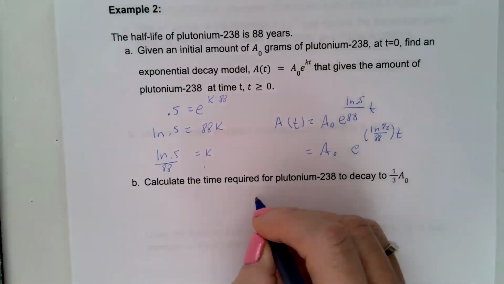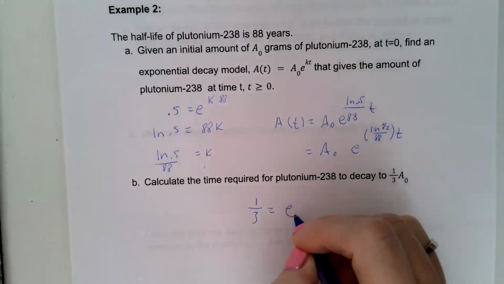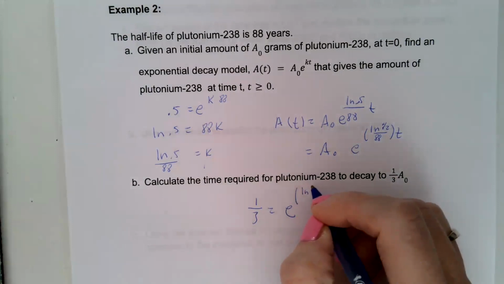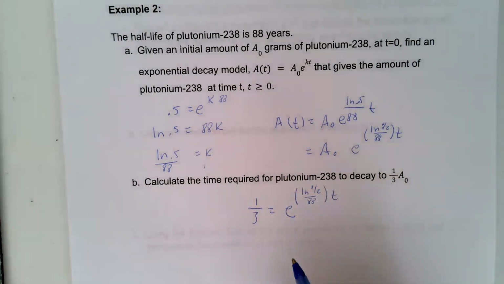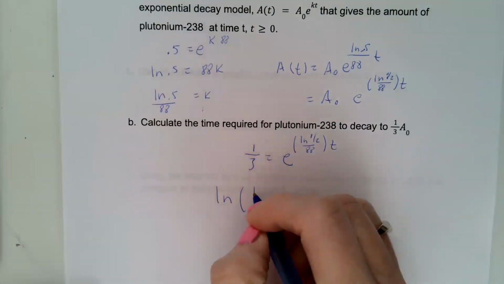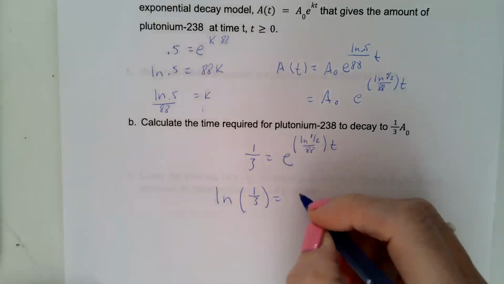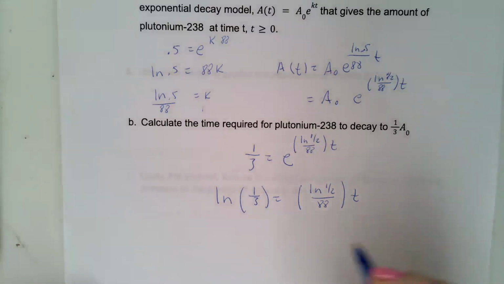So 1/3 instead of 1/2. We're going to have to take the natural log of both sides, so the natural log of 1/3, and it cancels out the E, and then we have the natural log of 1/2 over 88 times t.